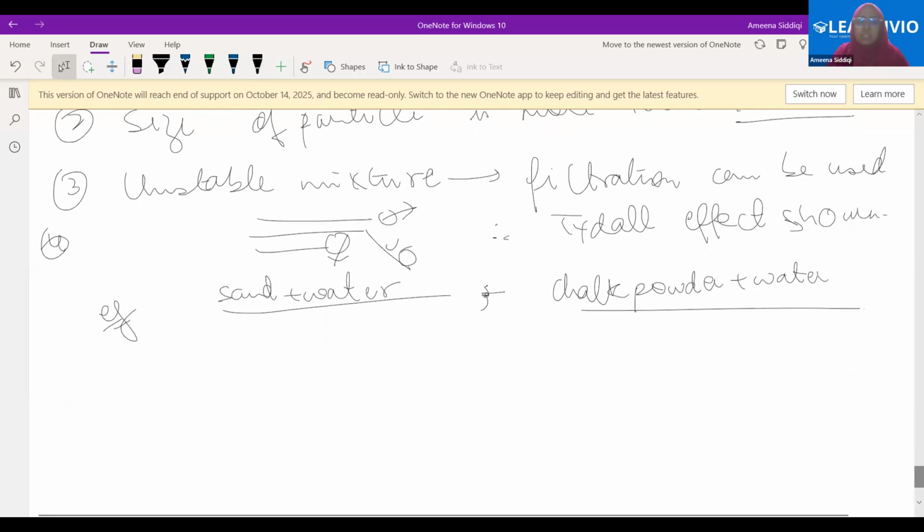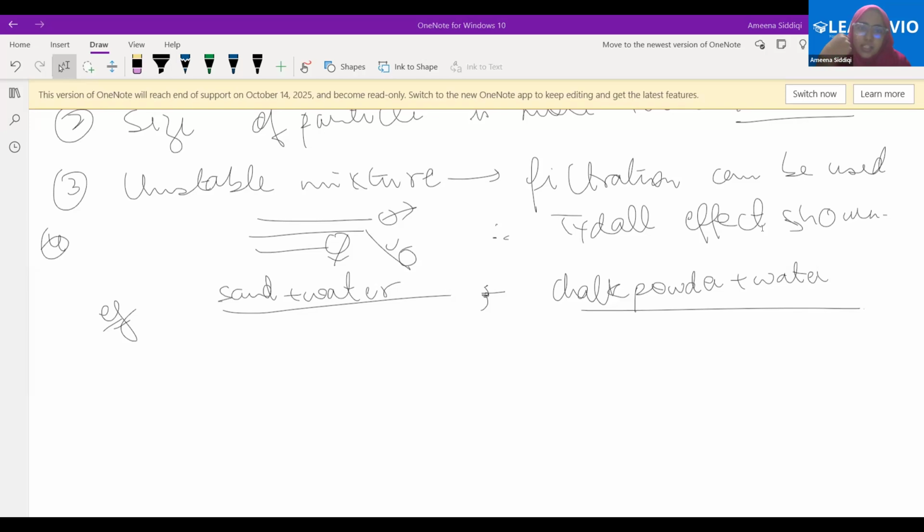Ammar, you must have seen the preparation of a dough, right? How do we prepare a dough for roti? Can that be a mixture, first of all? Yes, ma'am. And can that be a suspension? Homogeneous mixture or a heterogeneous mixture? Heterogeneous.